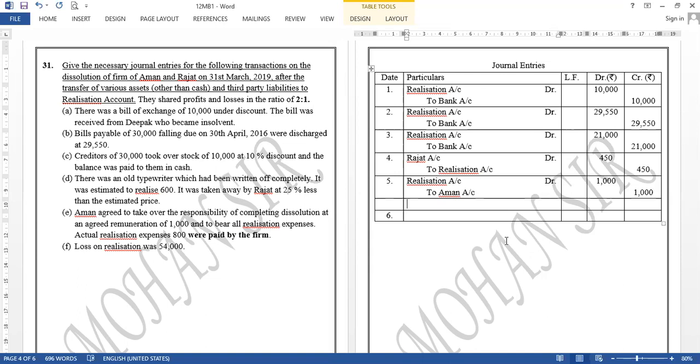Now Aman was to pay those expenses, but the actual realization expenses that came were 800. Who has paid those expenses? Paid by the firm. So what will the entry be? Aman's capital account to bank. Yes, that's very correct. Aman is a partner, so Aman's capital account should be debited to bank account. Okay, amount of rupees 800.